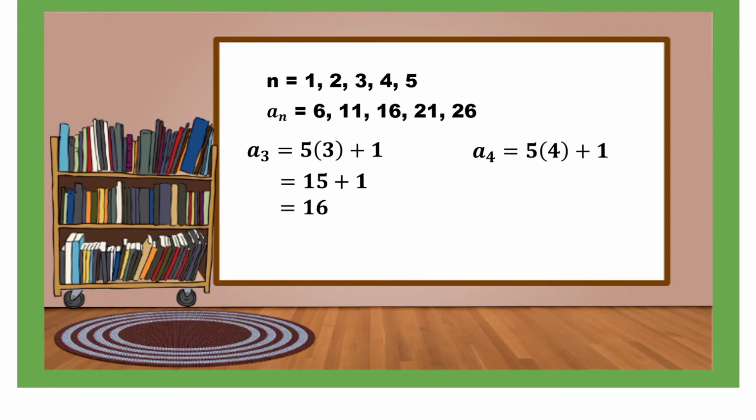If n is equal to 4, 5 times 4 plus 1. 20 plus 1, and the answer is 21. And if n is equal to 5, 5 times 5 plus 1. 25 plus 1, and the answer is 26. Therefore, a sub n is equal to 5n plus 1.